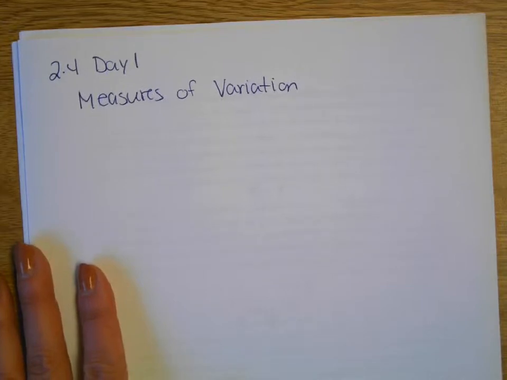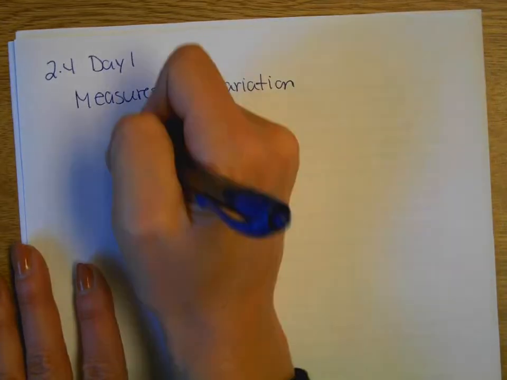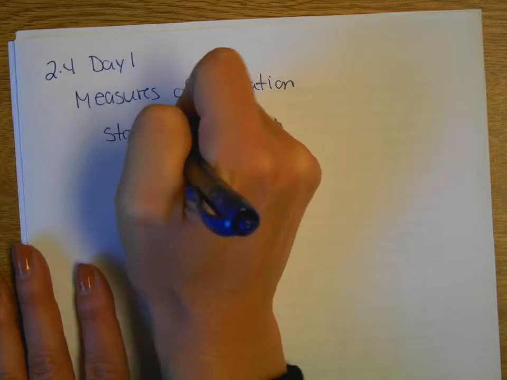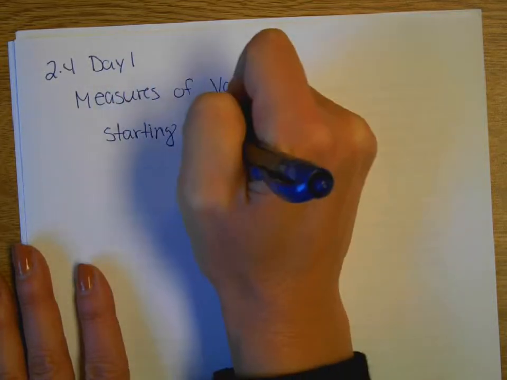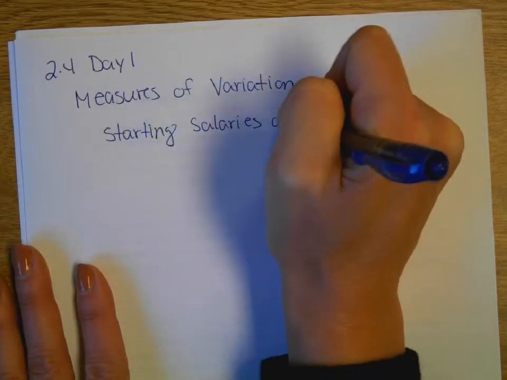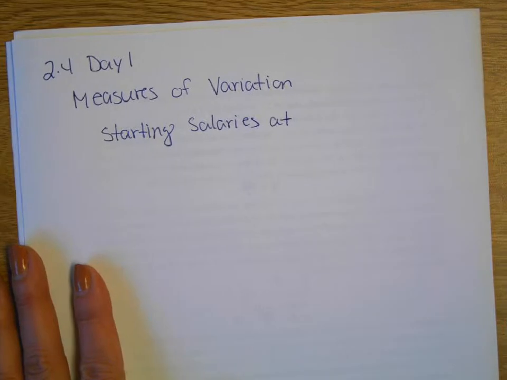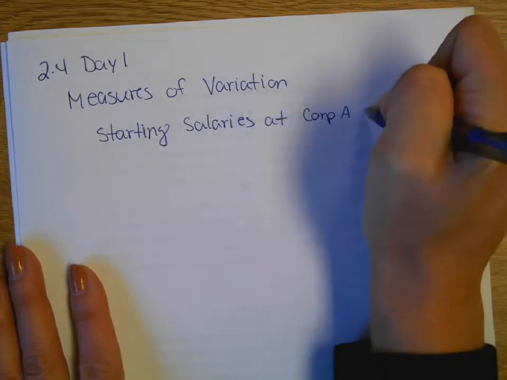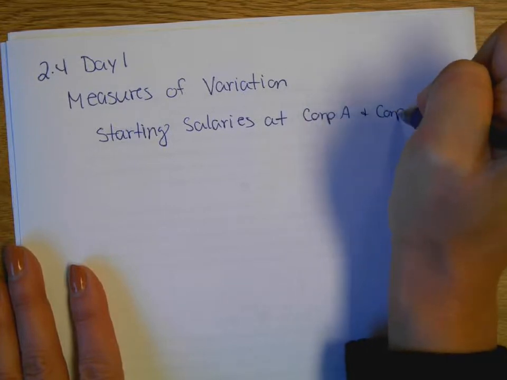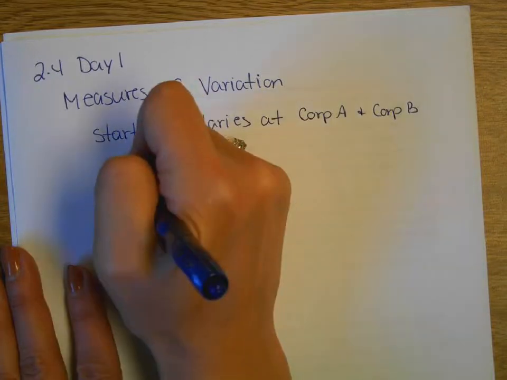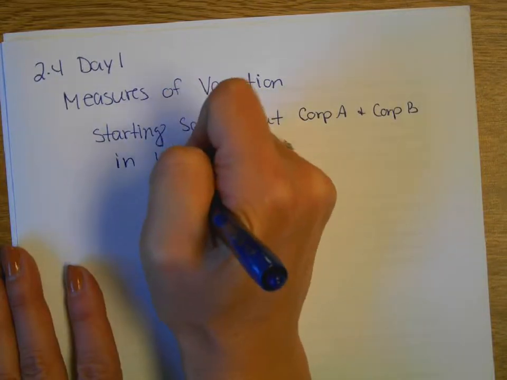And I'm going to give you 2 data sets, and these are going to be starting salaries at 2 different corporations. We'll go Corporation A and Corporation B. And then the numbers I give you are going to be in thousands of dollars.